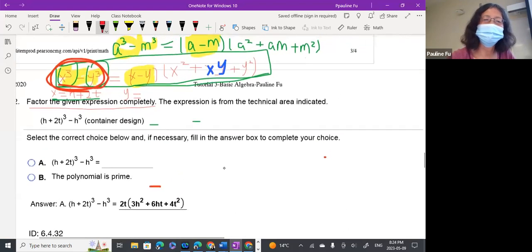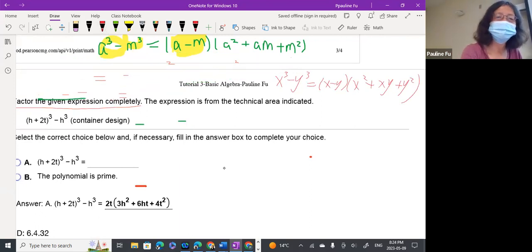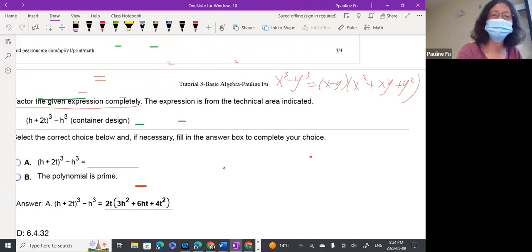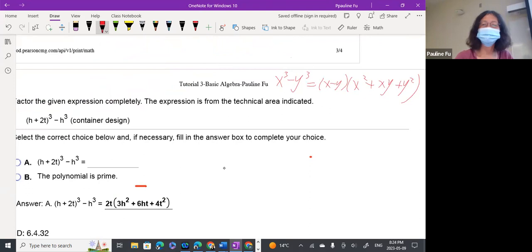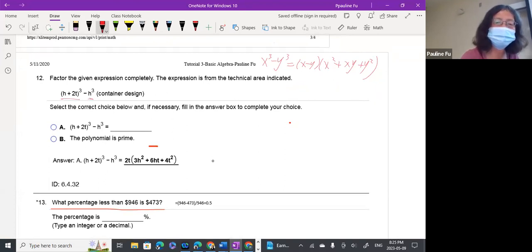I will write it down: x cubed minus y cubed equals x minus y times x squared plus xy plus y squared. This is our formula. And apply this formula to here. So this is x cubed minus y cubed.